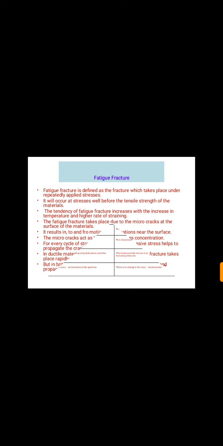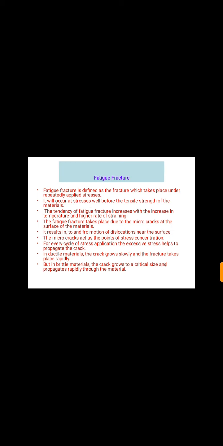That's all. These are the two types we have explained in detail: ductile fracture and brittle fracture. The other two types are fatigue and creep. Fatigue fracture is nothing but, we all know fatigue.